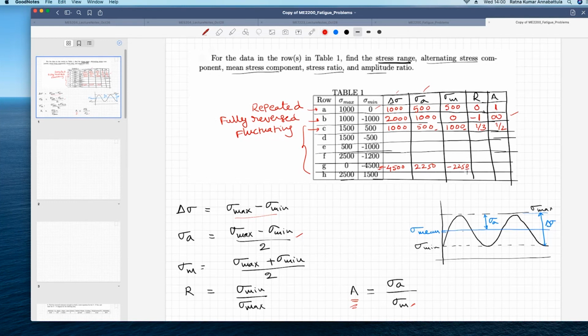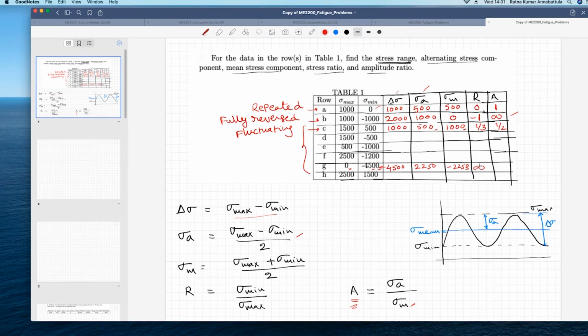Here the mean stress is completely compressive in nature. For that matter, all the stresses are compressive in nature because maximum stress is 0. And stress ratio is sigma min by sigma max. Sigma min is 4500. Sigma max is 0, and hence this becomes infinity.